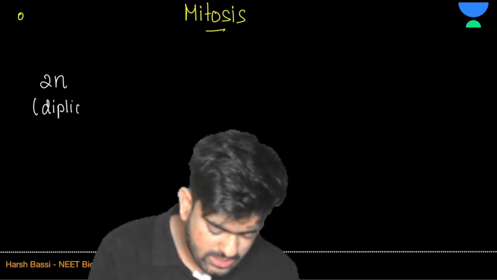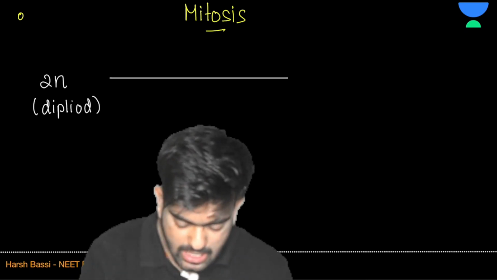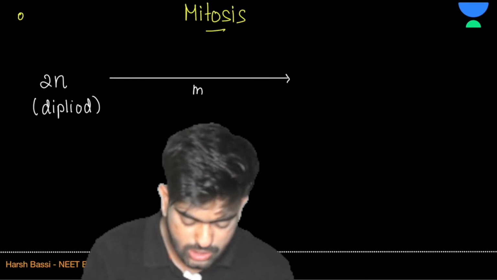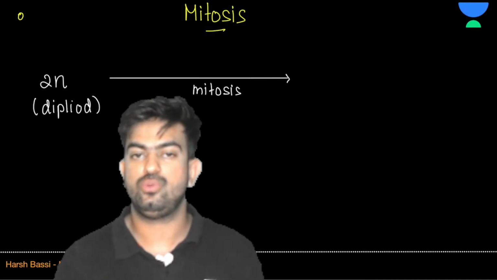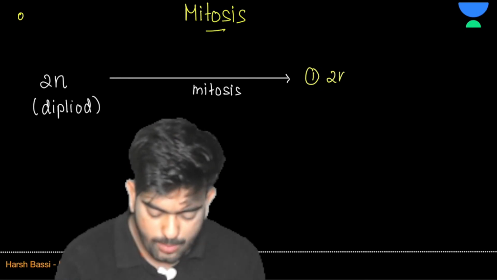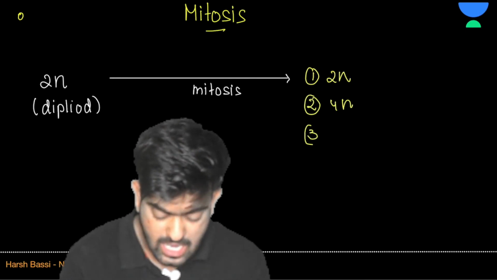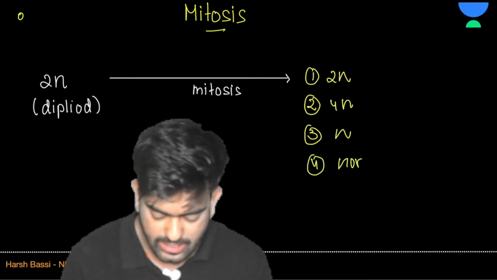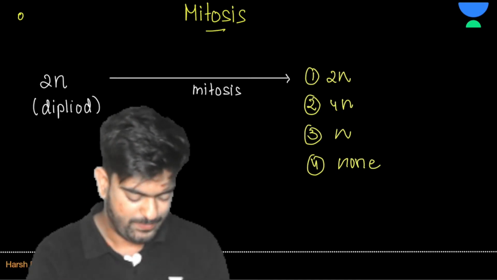After mitosis, what will be the number of chromosomes it is going to have? Option 1 says 2n, option 2 says 4n, option 3 says n, and option 4 says none. What can be your answer? Let me know in the comment section.